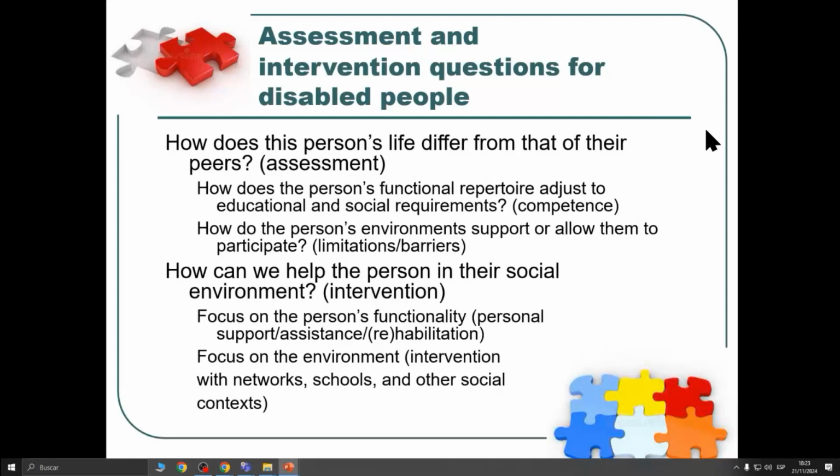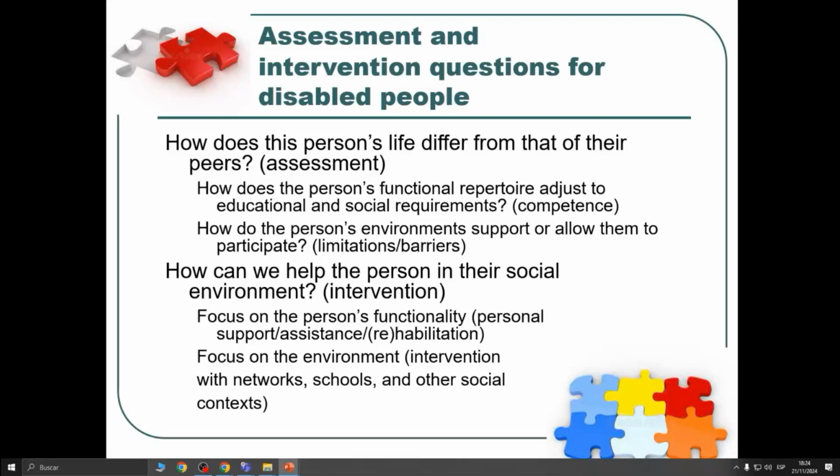I'm still introducing the social model. We will be thinking about questions of assessment of disability, about how somebody's life differs from the life of other people, how a person's functional repertoire adjusts to educational and social requirements. I'm thinking a little bit about children, but also social requirements for participation in the adult world, how the person's environment supports or allows them to participate, and to what extent.